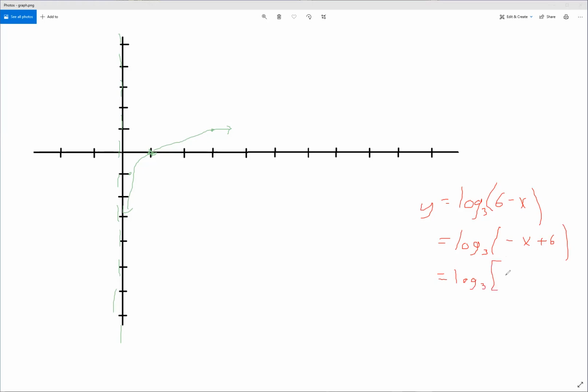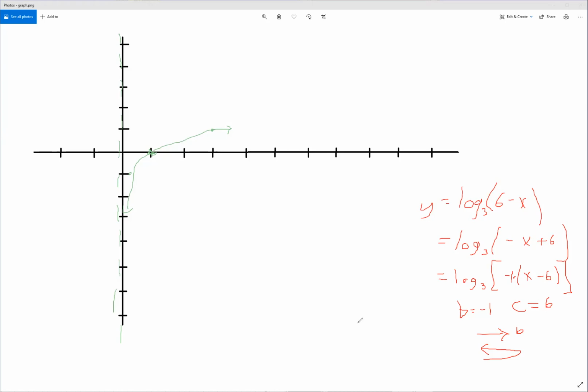It is log base 3 of negative x minus 6. And yes, it is absolutely essential you do this second thing and factor out this negative, because if you don't do that, you don't get the correct c value. C is our added or subtracted on the inside. C is equal to 6 here. But now we've got a negative 1 times on the inside. That means b equals negative 1. So we are going to the right by 6, but we've got a horizontal flip because that's what a negative b value does.